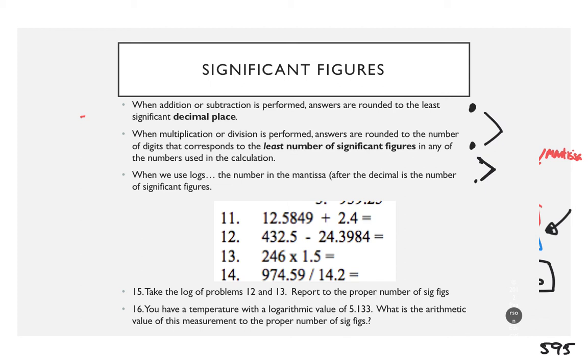So if you were doing a whole bunch of additions and subtractions, you would do all those, apply this rule. Then if you took the answer to that and you were multiplying, then you apply the second rule. Then let's say you have to take a log at the end of it, then you apply the third rule. So every time you switch rules, you have to stop and round and use the rule for the significant figures.